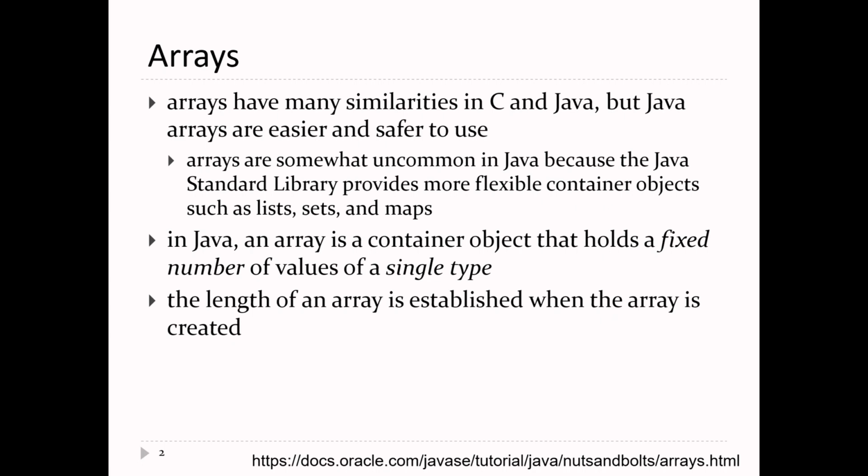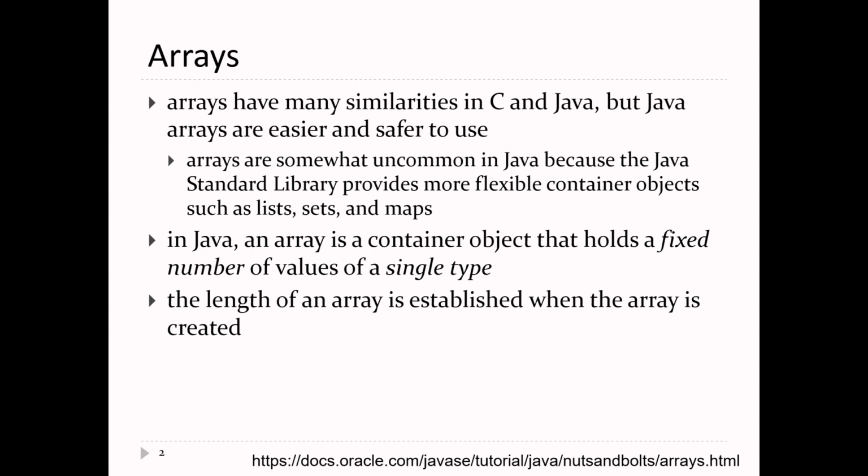The good news for you is that arrays in C are pretty similar to the way arrays work in Java. But Java arrays are easier to use and safer to use. All that stuff you had to worry about in C, about whether or not you had to dynamically allocate an array, you don't have to worry about in Java. Now, they are somewhat uncommon in Java because the Java standard library provides much more functionality than the C standard library.